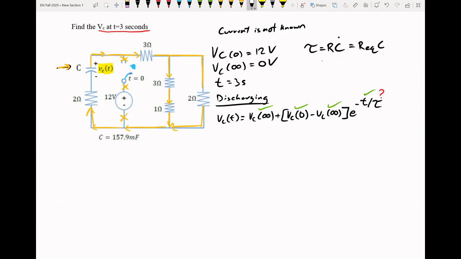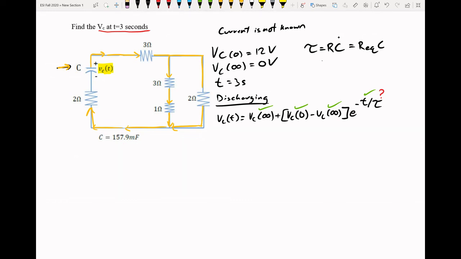And since this branch is not doing anything in the circuit, you can effectively go ahead and ignore it. And now we can just work our way towards the capacitance that's acting like a battery and find out what the R equivalent is going to be.